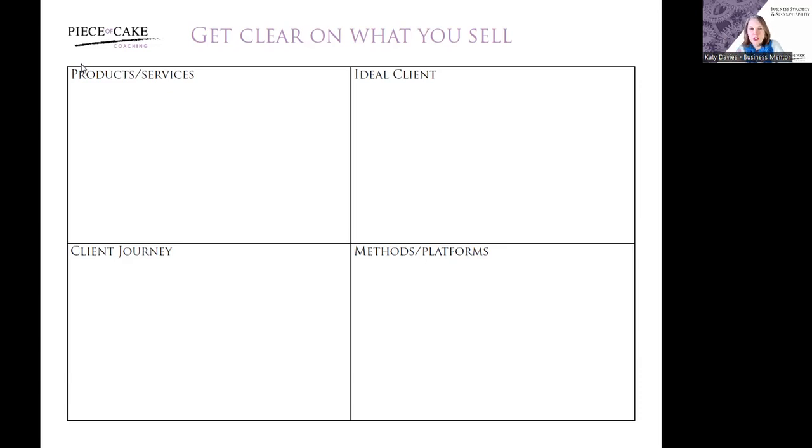So I always think it's a really good idea to look at the ideal client per product and service, because although the core might be the same, those subtle differences are going to make the biggest difference to marketing. Then I'm going to come on to the client journey and the methods platforms as well. So you can start to plot out for each product or service the client journey they will go on, and then how you're going to actually get in front of those people.